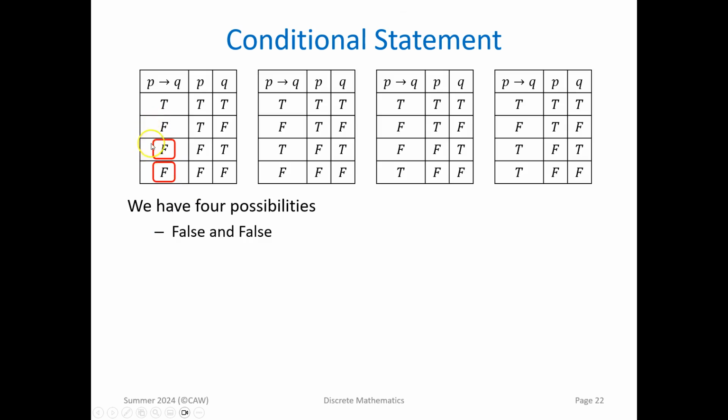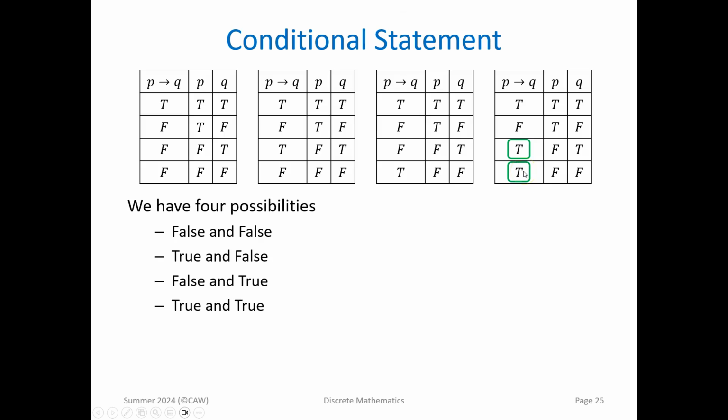We can assign false and false to P then Q. And notice the last two rows are when P is false. So we could assign false and false, or another case we could assign true and false, true to the case of false P, Q, true, false to the case of false P, false Q. Or we could assign false and true, false to the case false P, true Q, true to the case false P and false Q. And one more case. We could assign true and true.